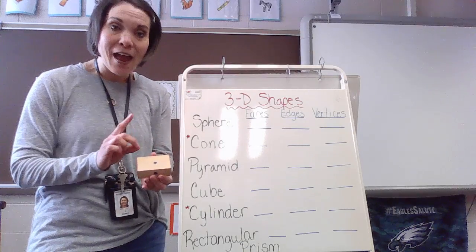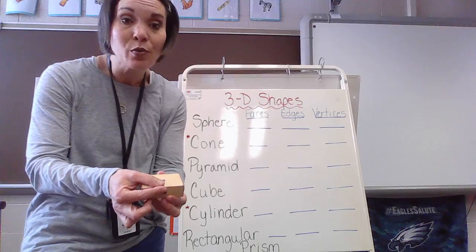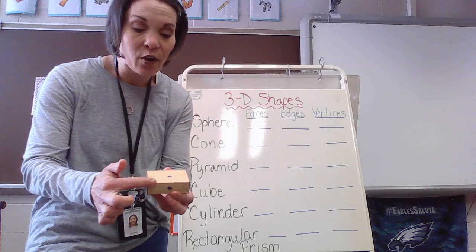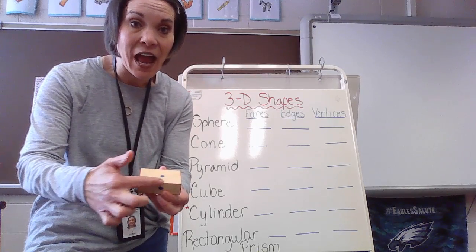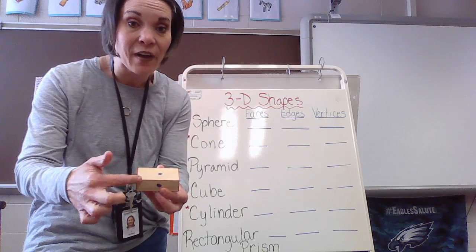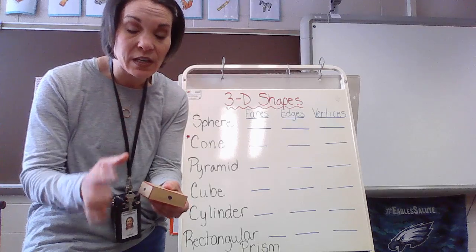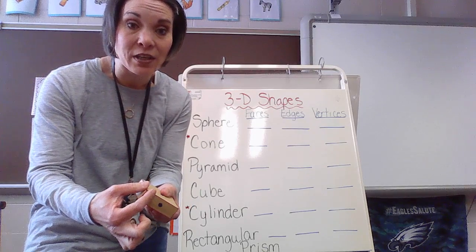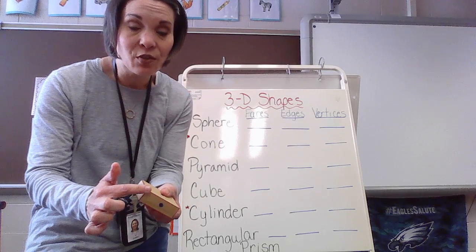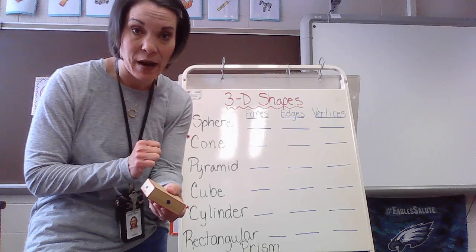Edges are where faces come together, and therefore it creates that edge. Then you have vertices. A vertex is where your edges come together to form that point.